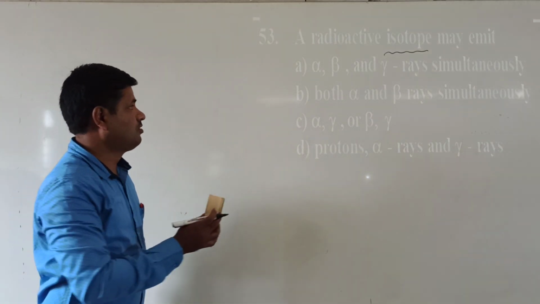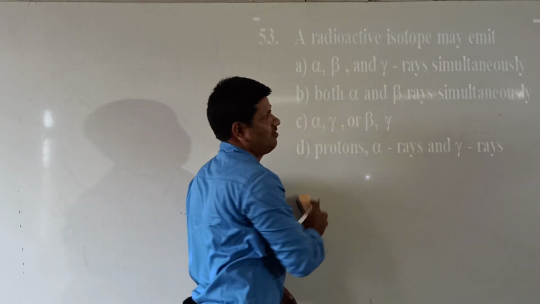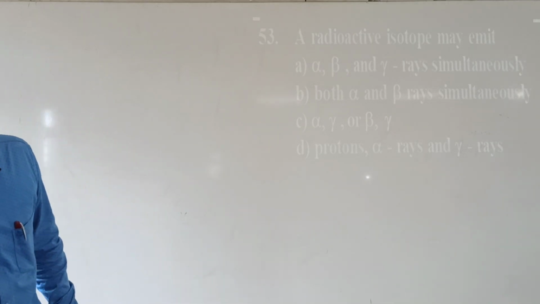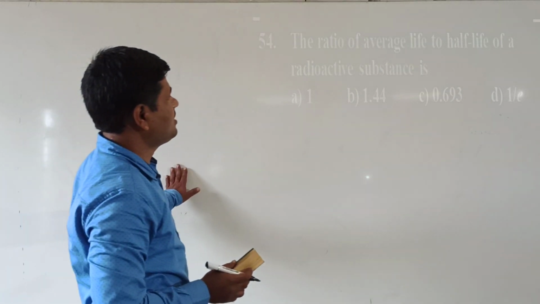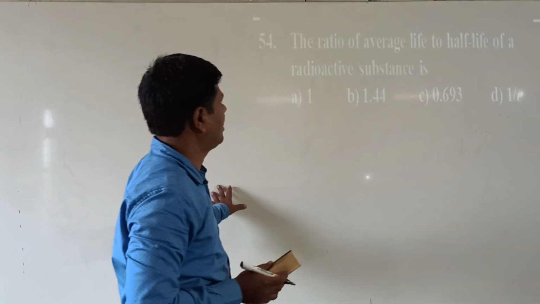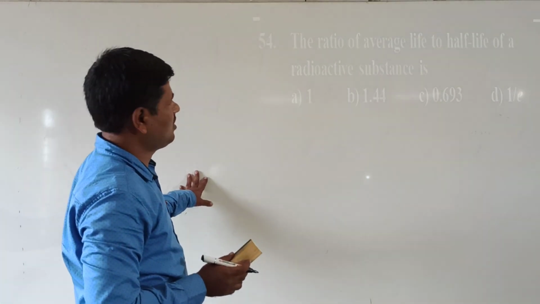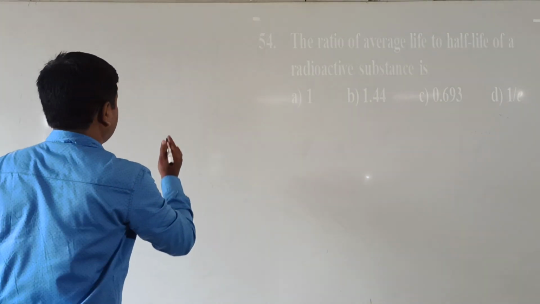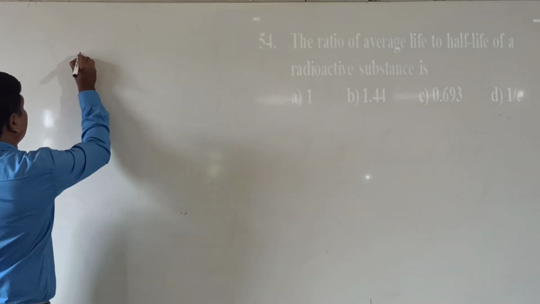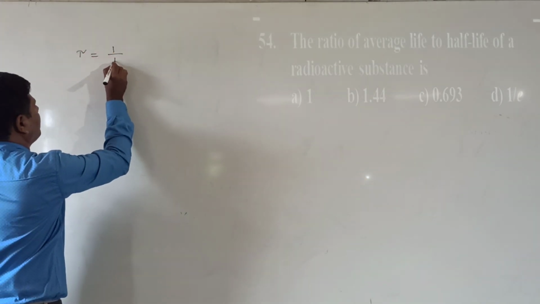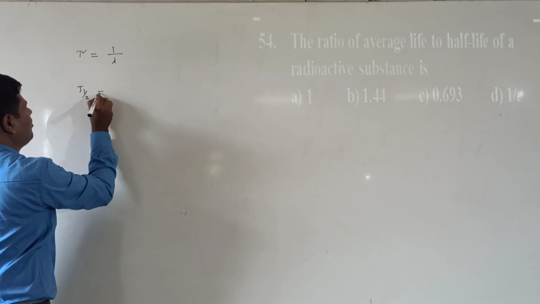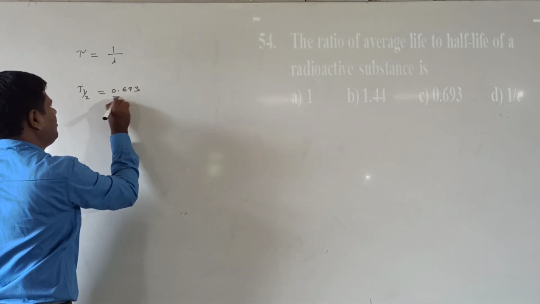Next we go to question number 54. The ratio of the average life to the half-life is asked. The average life formula is tau equal to 1 by lambda. The half-life formula is 0.693 by lambda.